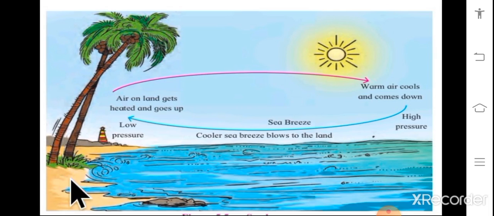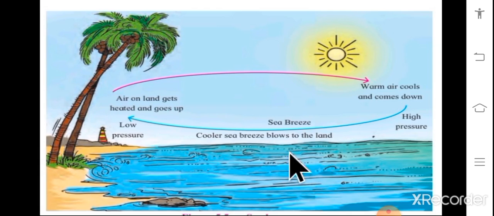So it gets heated more because of the dense matter. And whichever air is attached with this land, obviously because the land is heated, this part of air is also going to get heated fast.